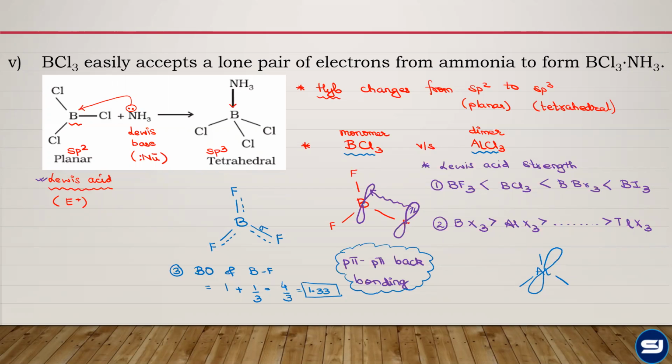That is why AlCl3 cannot stabilize internally, within the molecule, because of the larger size of the p orbital.